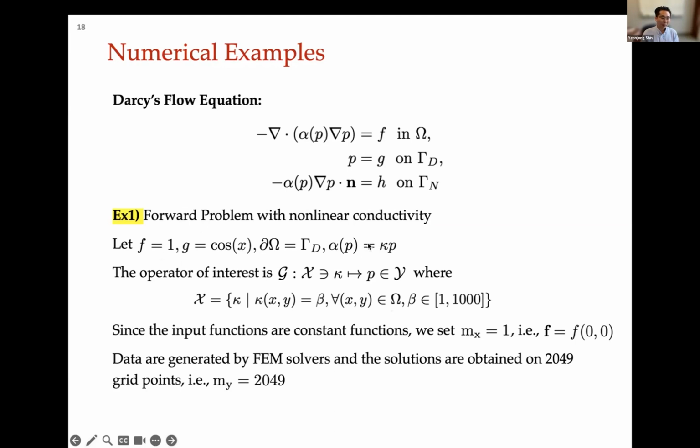Given kappa, we want to predict the pressure field P. We design our input function space as a constant function space, and the data were generated from a finite element solver. In this case we have 2049 output sensor data points, and the input sensor point is just set to 1 because it's a constant function.